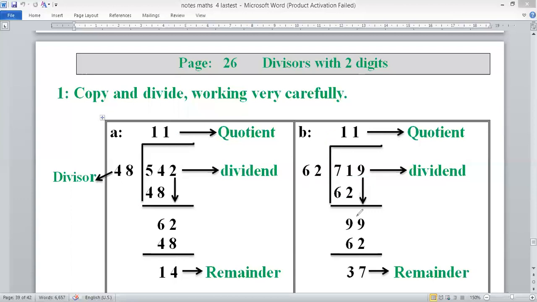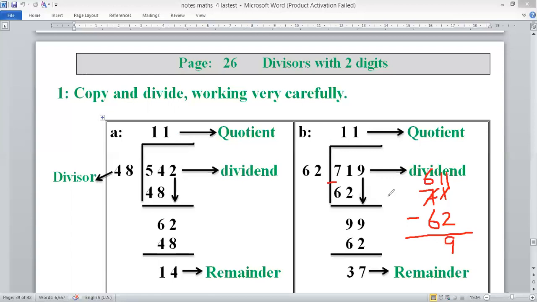After that, subtract 62 from 71. So take 10 carry from 7, we get 6 here. Here we got 10 plus 1, 11. 11 minus 2, 9. 6 minus 6, 0.